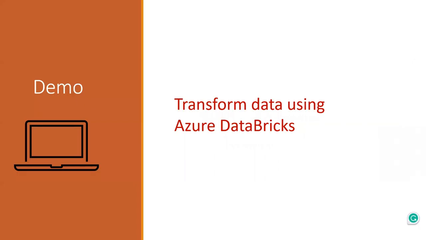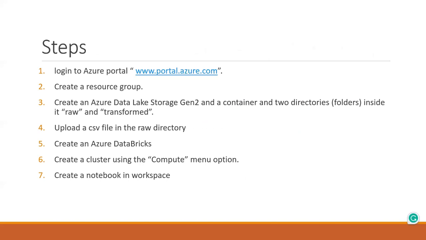So our demo is over now. We have used Azure Databricks and transformed the data. What did we do? We logged into the Azure portal, then created a resource group, created Azure Data Lake Storage, and there you can create 2 folders, raw and transform.